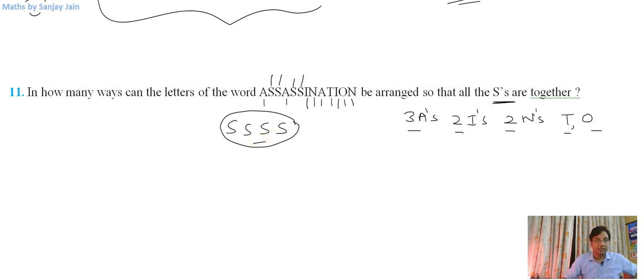So let us count if we have left anything or not. 1, 2, 3, 4, 5, 6, 7, 8, 9, 10, 11, 12, 13. So I have considered all of these.